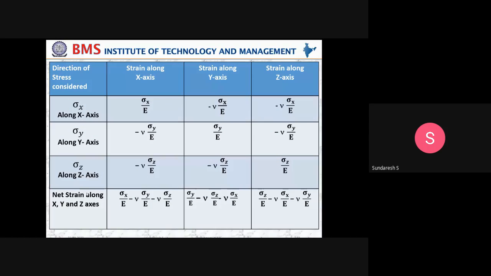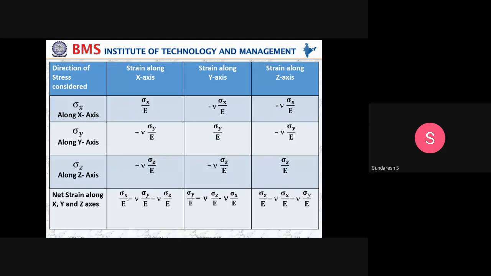This is the net strain along the x, y, and z axes: strain along the x-axis, strain along the y-axis, strain along the z-axis. I think everybody could understand how we arrived at these equations in yesterday's class.